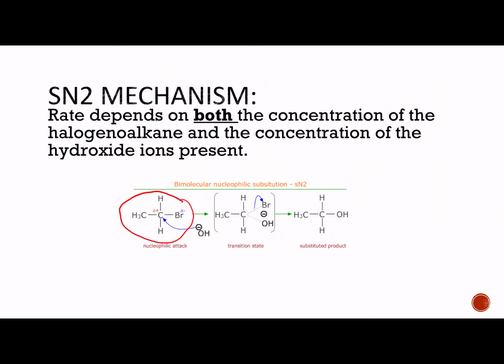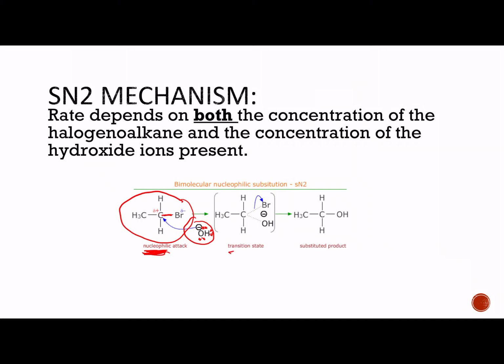And the halogen alkane has a weak bond between carbon and bromine. The OH is strong enough to attack, and so it does. And so the first step is that your nucleophile attacks. And what happens is this nucleophile attaches into your carbon and almost automatically kicks out your nucleophile.